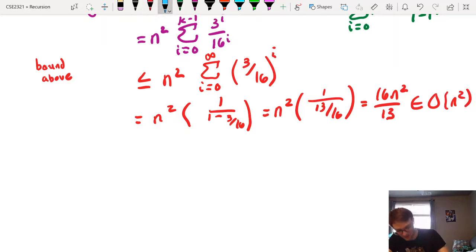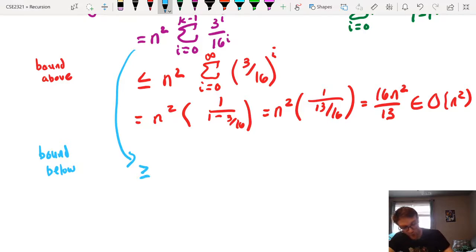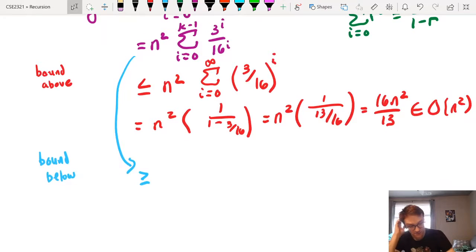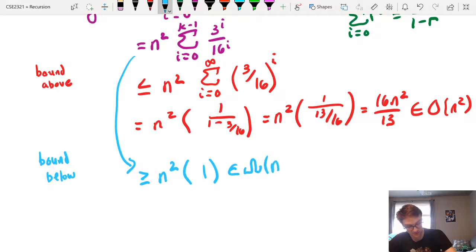Let's also bound it below. Bound below. This is where we get to make lots of savings. The purple summation there is definitely bigger than or equal to replacing the entire summation with the first term, which is just 1. And hey, look, that's in big omega of n squared.